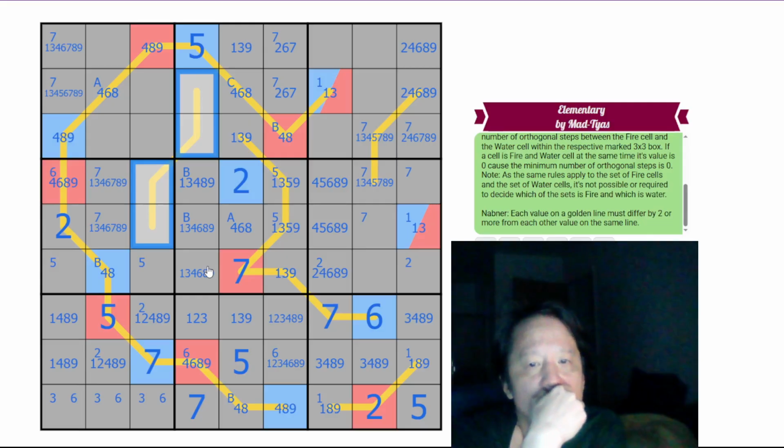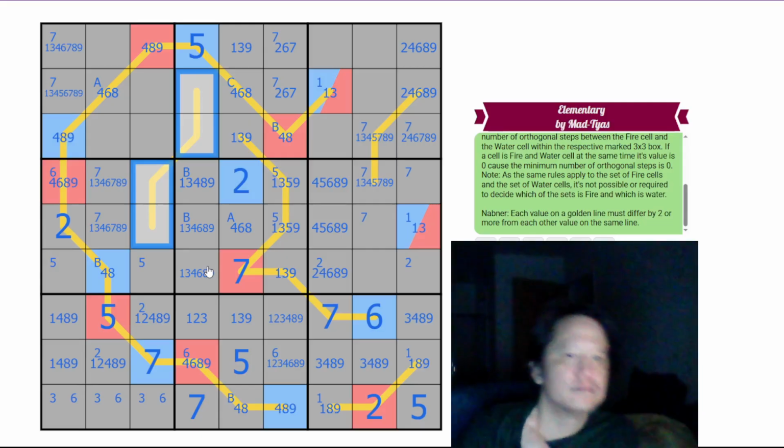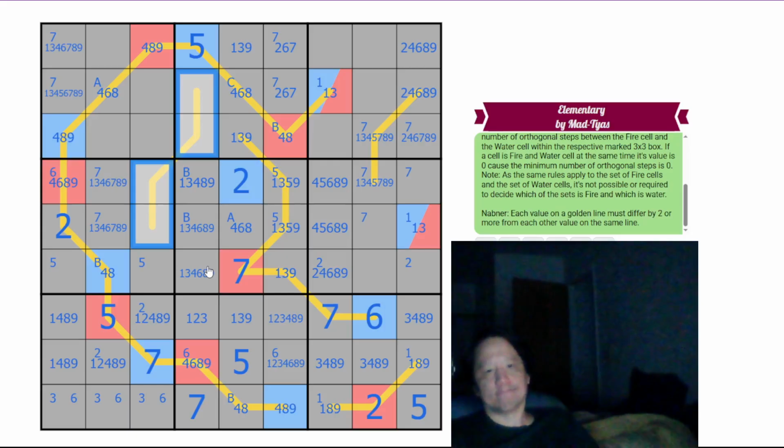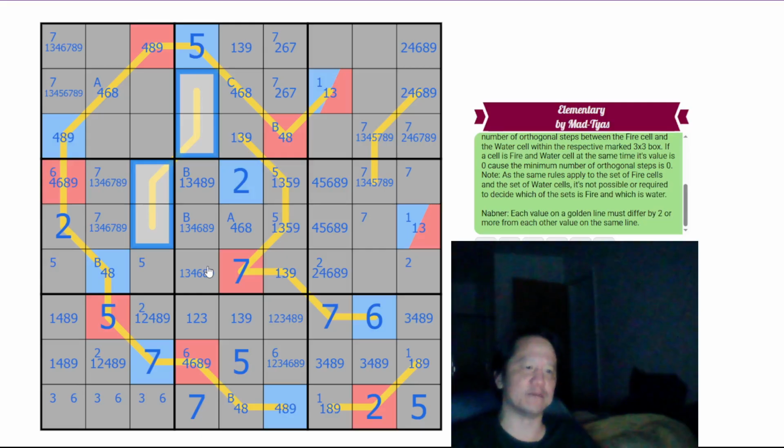This feels really convoluted. Okay. So we know we can't have a 5 on this, which means we have to have a 6 on this Nabner line.